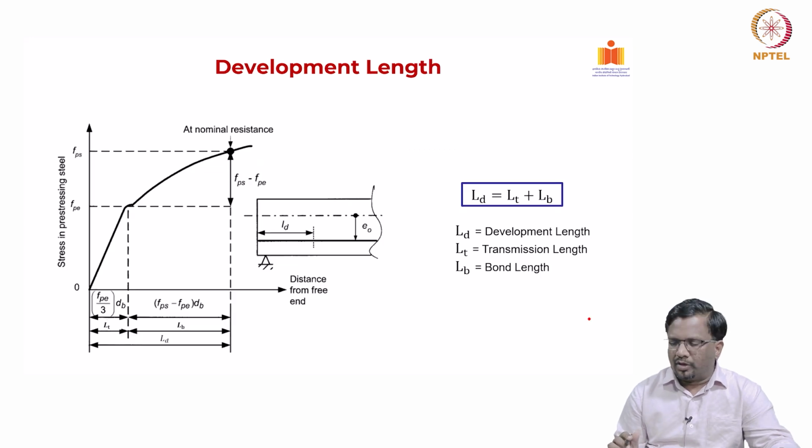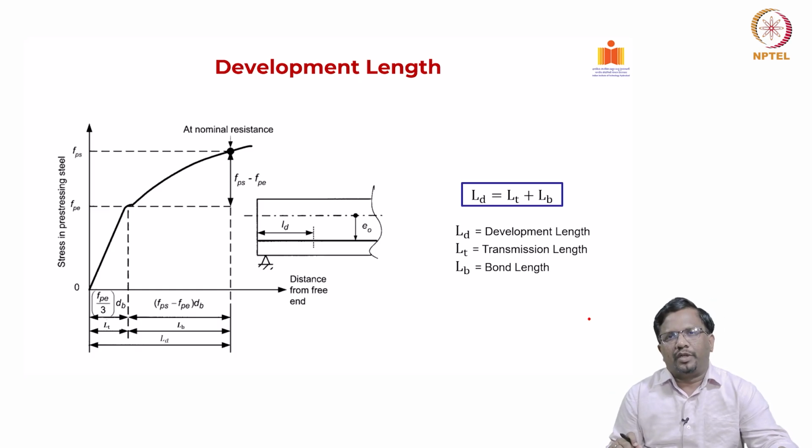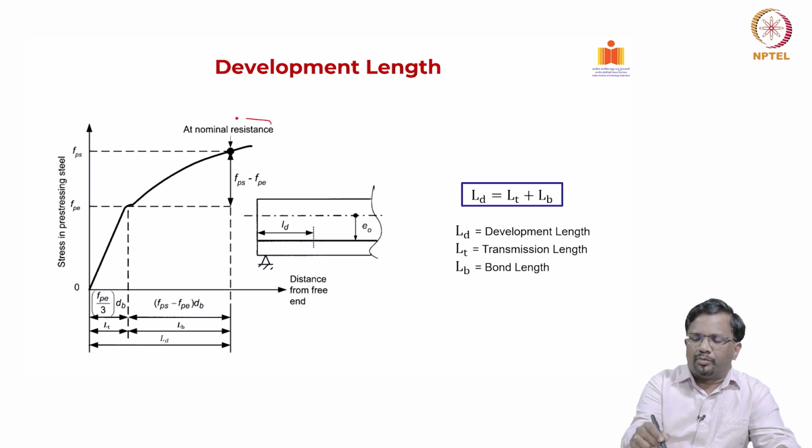Now, there are two things when we talk about transfer of prestress in a pre-tension element. One is how much distance it takes to develop that effective prestress that we give, right. And then the second one is at ultimate, for example, this is at ultimate, right.